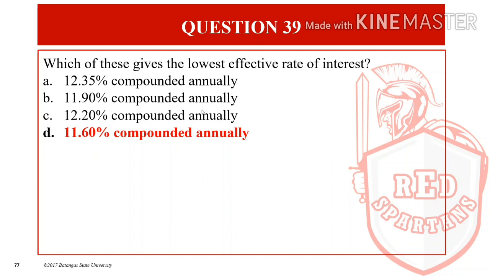Pero kapag magkakaiba yung ating compounding, so kailangan i-solve isa-isa using the formula ARI is equal to (1 plus R over M) raised to M, minus 1. So kapag tinatanong is lowest, ibig sabihin yung pinaka-maliit. Then kapag highest effective rate of interest, yun namang pinaka-mataas. So, yung answer natin for question number 39 is letter D, 11.6% compounded annually.